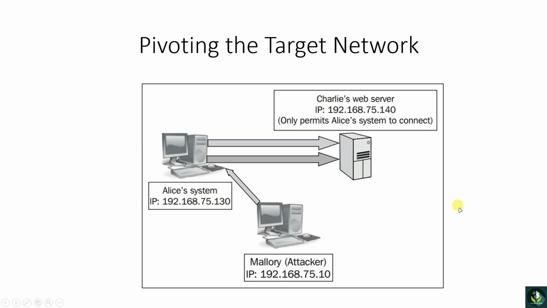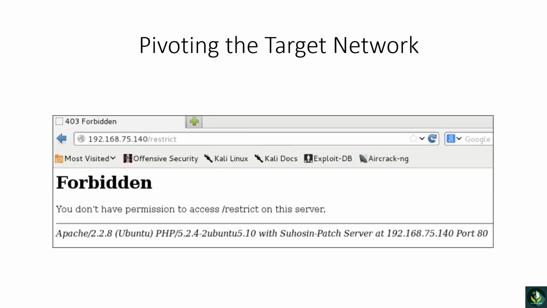However, when the attacker tries to make a connection to the restricted web server, the following error appears. We know that Alice, being an authorized person, will have access to the web server.